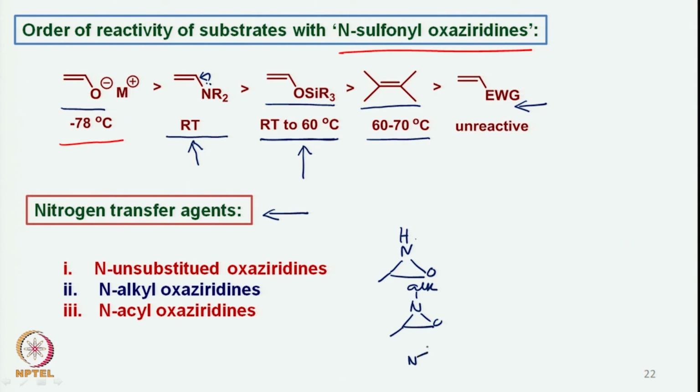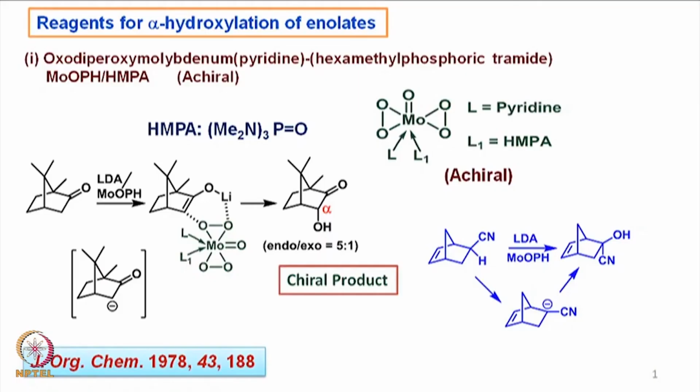So, you have here something like this. So, these are the oxaziridines which are generally used for the transfer of the nitrogen to a nucleophile. So, there are different ways by which one can choose the reaction conditions and also the substrates and the oxaziridines, and accordingly one can carry out the reaction depending on what is required.